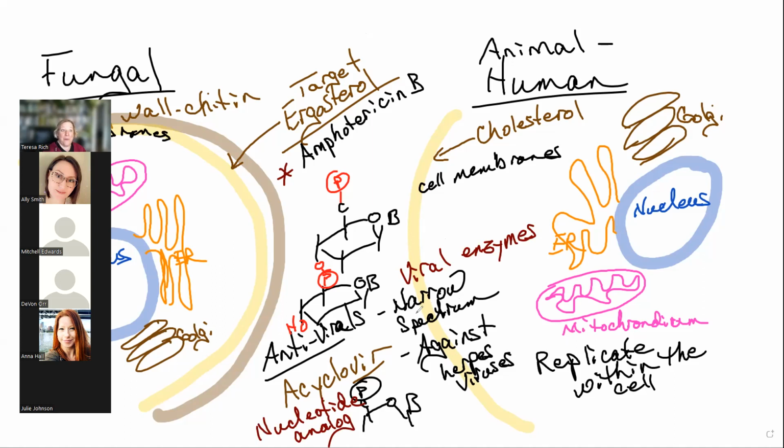Now, having said that, we've developed some cool new stuff that are anti-COVID. And one of the first ones that we came up with were monoclonal antibodies. And what they do is they target attachment. Okay, so what we do is we make antibodies against COVID spikes. If I've got a bag full of monoclonal antibodies and I've got you on an IV drip, this is an example of passive immunity.